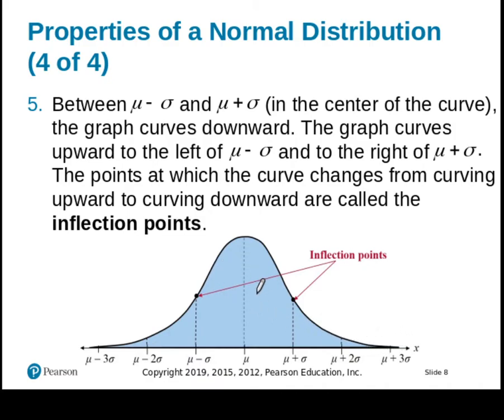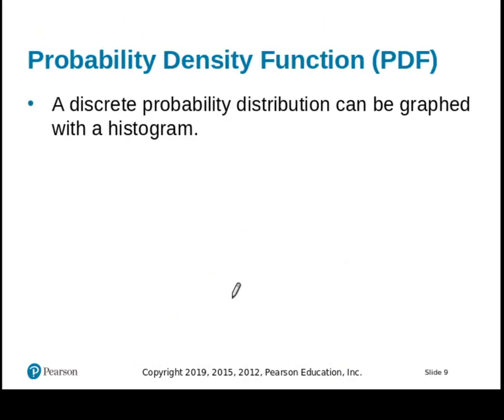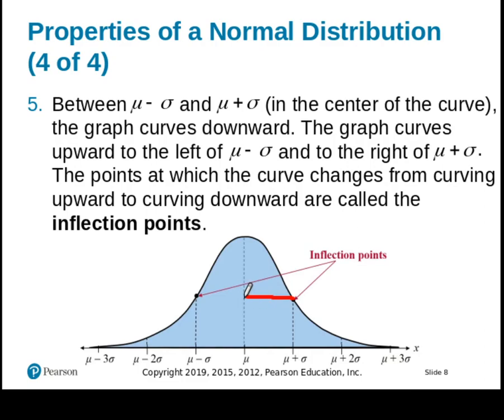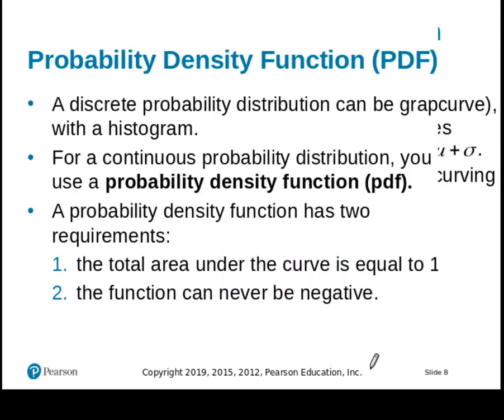Those inflection points happen one standard deviation away from the mean. And so we have the mean plus 1 standard deviation and the mean minus 1 standard deviation. Remember, we had the empirical rule that said there was 68% of the stuff here, and we had 95% of the stuff between 2, and we had 99.7. We're going to look at how we can get those percentages and how we can manipulate those percentages.